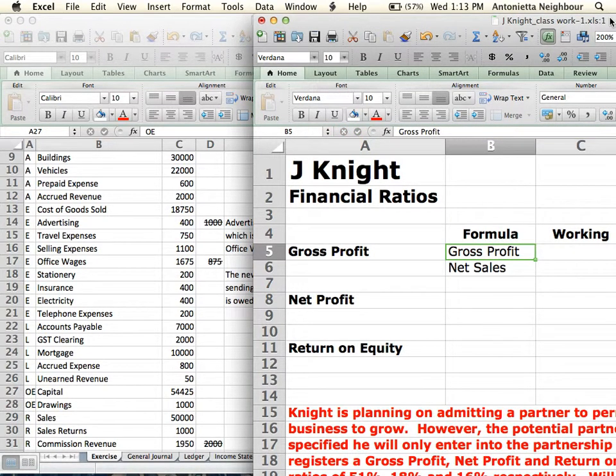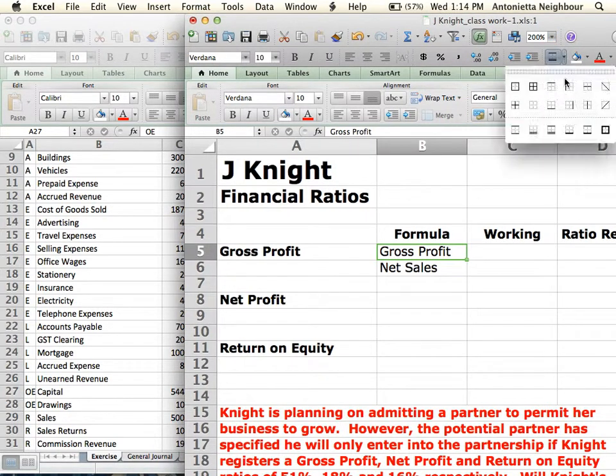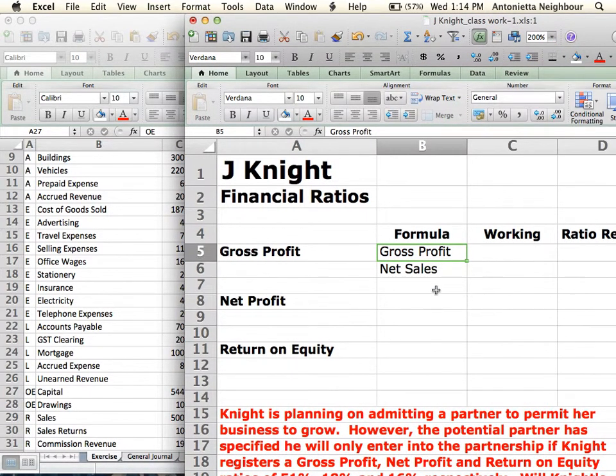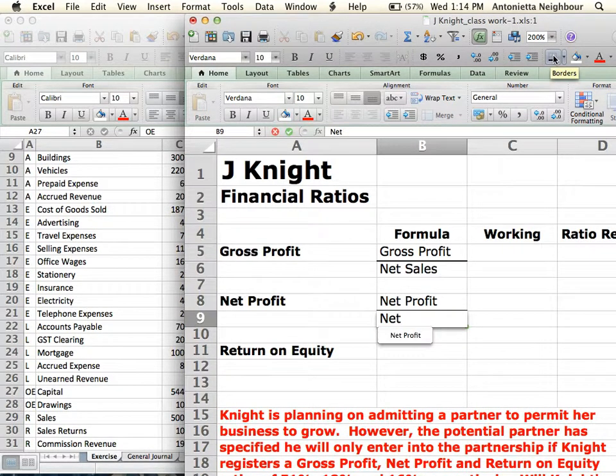So I'm just going to underline gross profit so we know it's divided by net sales. The formula for net profit is net profit over net sales. The return on equity is net profit over average owner's equity.